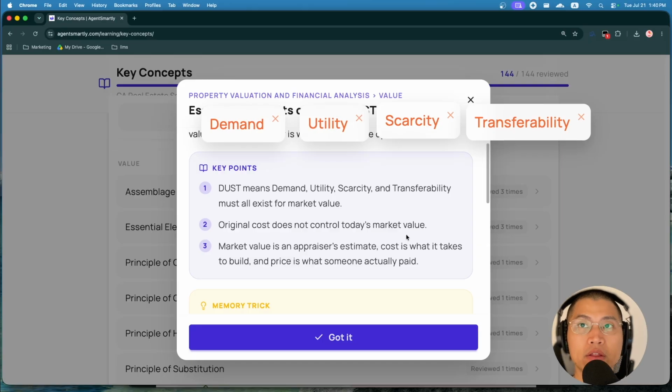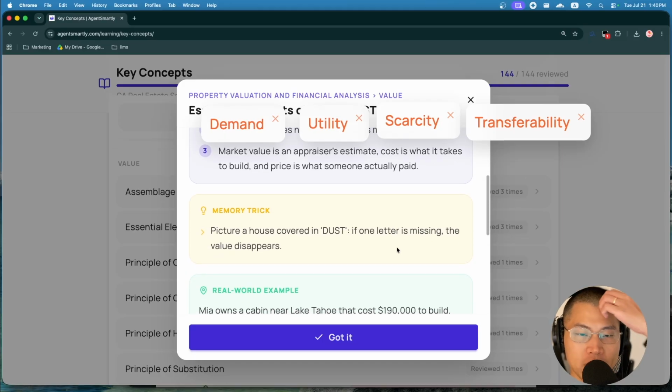So, in other words, those four aspects: demand is how many people want it, right? And utility is what you can use it for, what's the potential. Scarcity is whether this location or land is very unique. Transferability means you can transfer the title to the new owner, right?